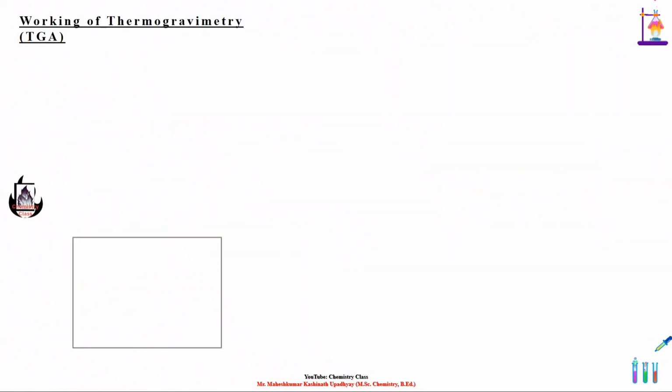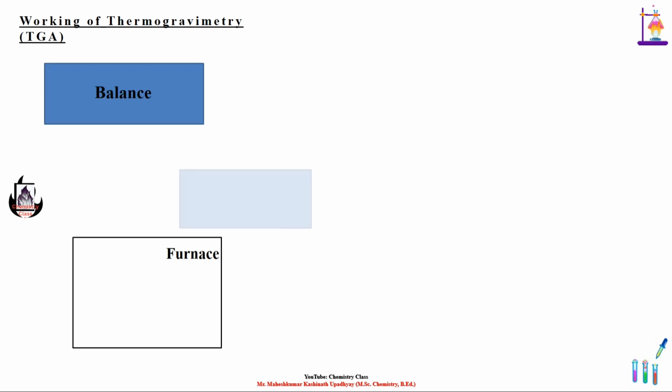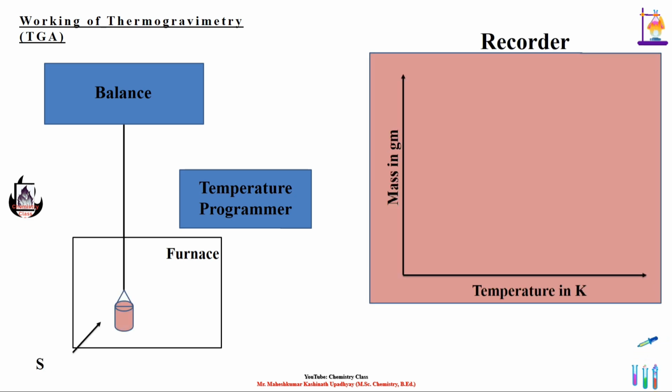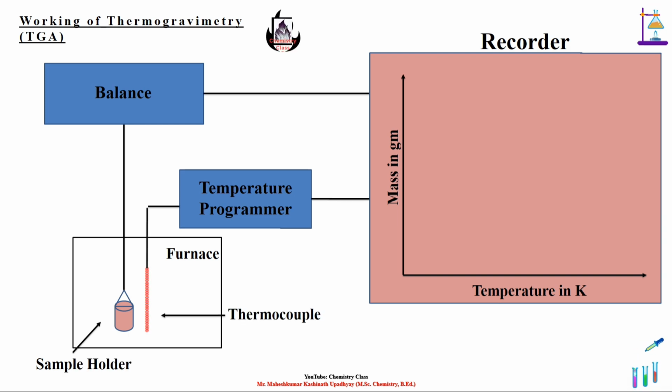Let us now focus on the working of thermogravimetry. As we know, it contains key instruments like the furnace, balance, temperature programmer, the recorder, and the sample holder. A small sample is placed in a crucible connected to a sensitive balance inside a furnace.